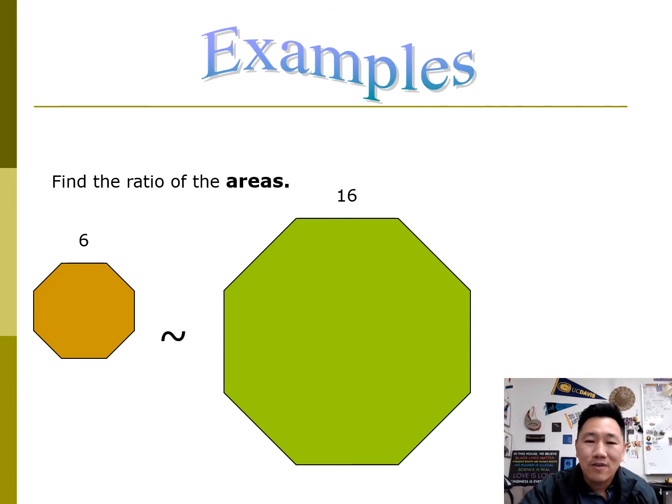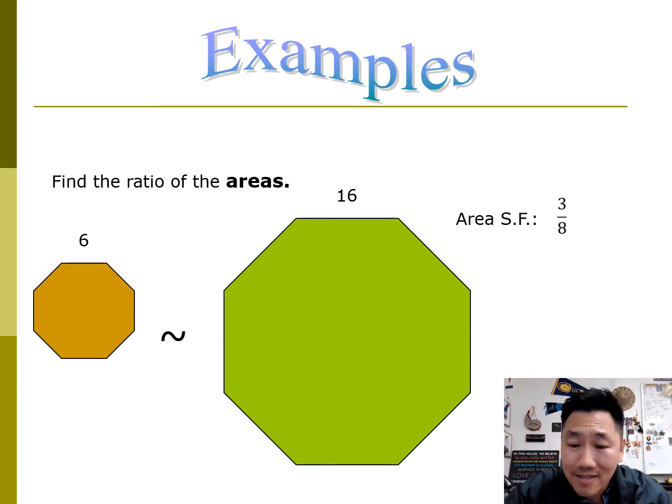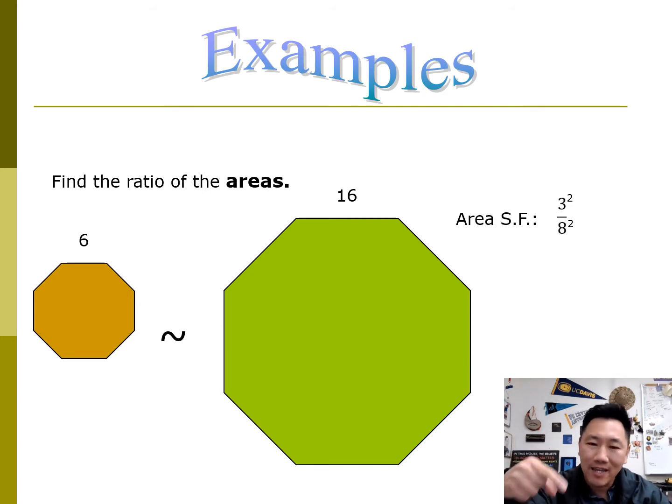What if I asked you to find the scale factor for the two areas? Do you think it's going to also be 3 over 8? That will be incorrect. It is not going to be 3 over 8. What do you think it's going to be? It's actually going to be 3 squared over 8 squared.